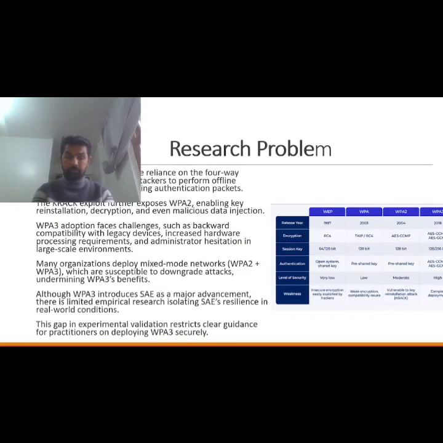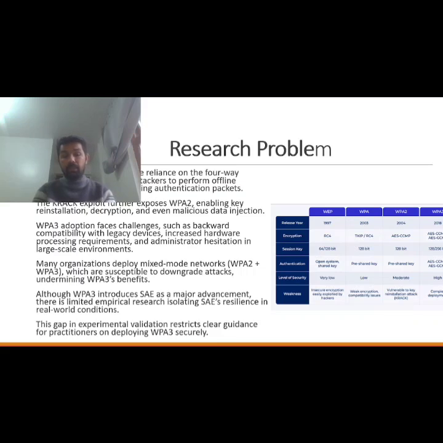Research problem. WPA2 still suffers from dictionary attacks and cracking, vulnerabilities that compromise security. Although WPA3 addressed these issues, adoption is slow due to compatibility and cost barriers.